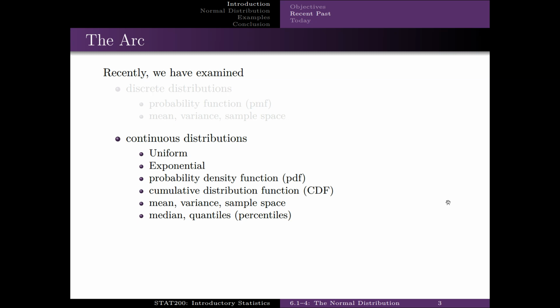We used the uniform to illustrate how to calculate the CDF, the cumulative distribution function, using simple high school geometry. And then we moved on to look at how to calculate the mean, the variance, the sample space, the median, and other quantiles on the uniform. So that section on the uniform just laid the foundation for all the other important features of continuous distributions.